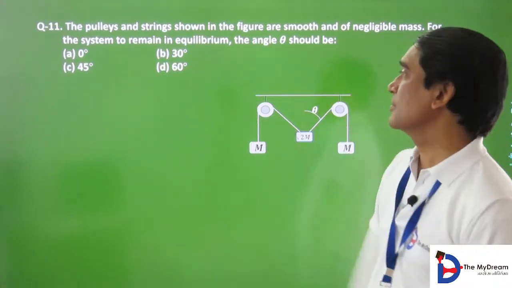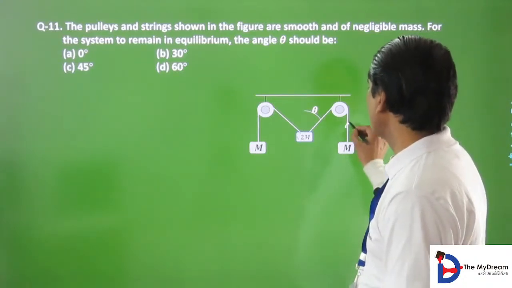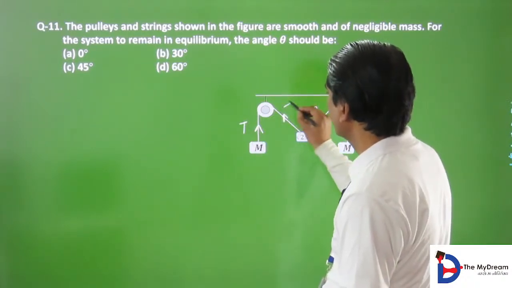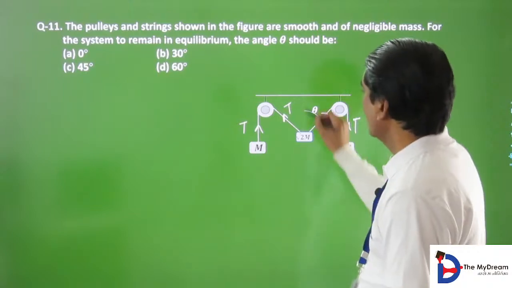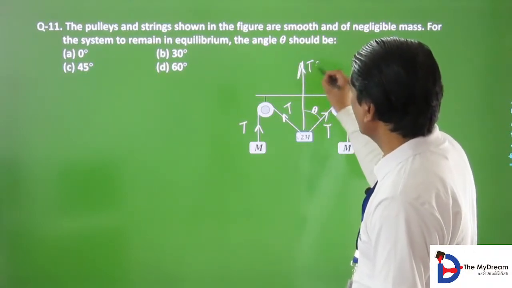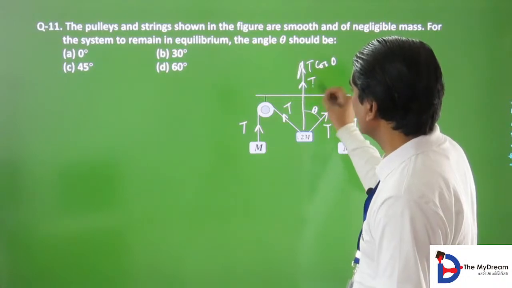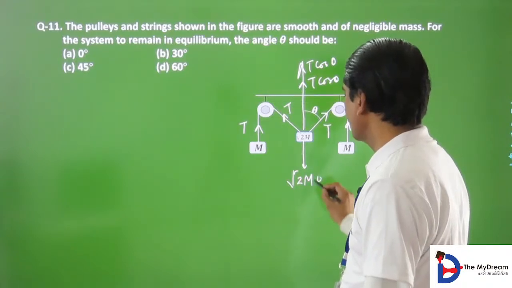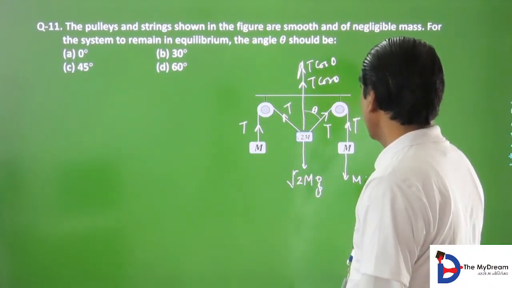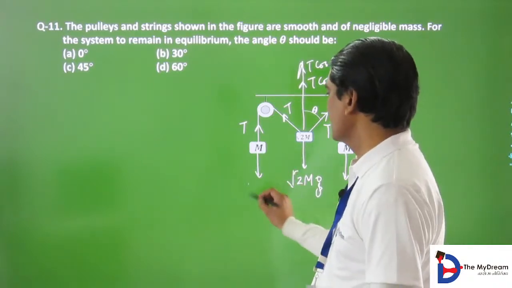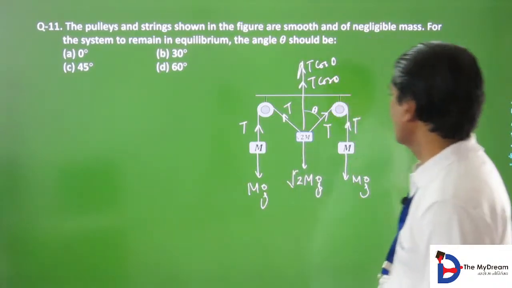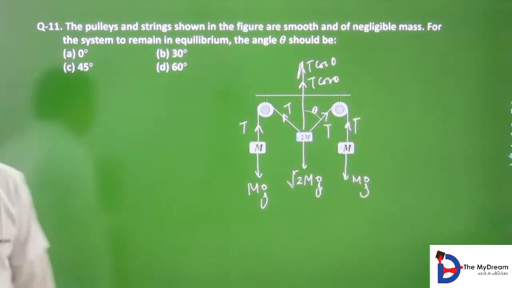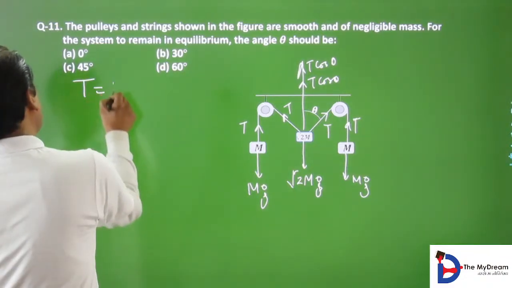Since the mass is the same, son, they create tension T. On this, one becomes T cos theta, and the other also T cos theta, which is equal to under root 2 mg. So T equals what, T equals either this or that. So T equals mg.